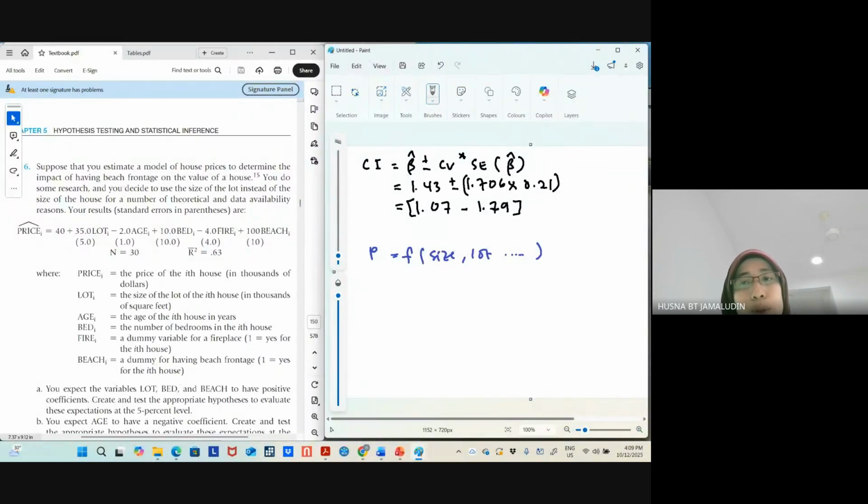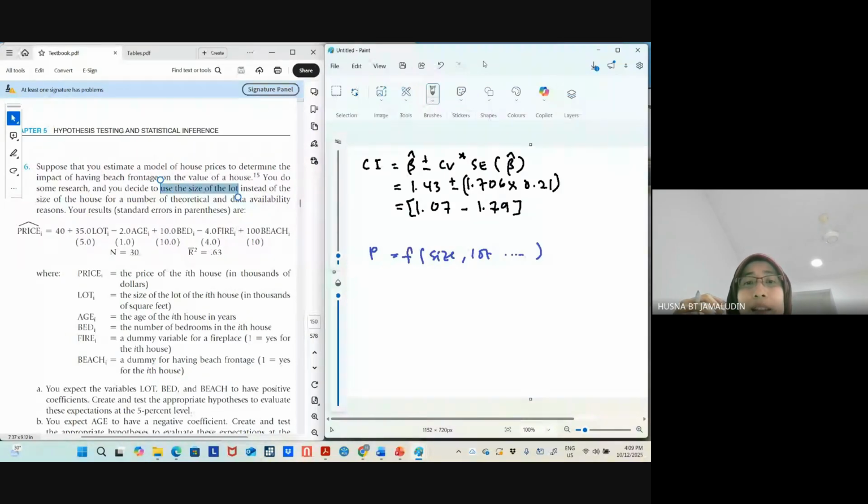In terms of these two, size and lot, this question decides to use the lot instead of the size. Basically, these two are important, relevant variables in affecting changes in price. Just so you can make sense of it.